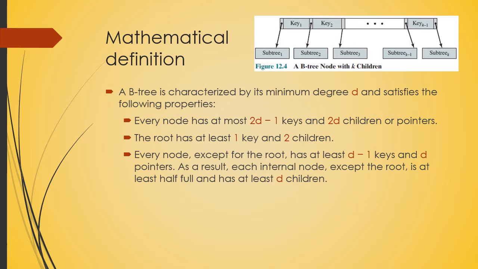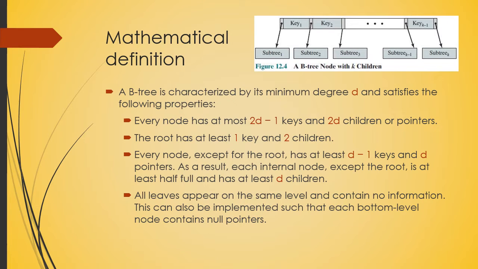Every node except for the root has at least D minus 1 keys and D pointers. As a result, each internal node except the root is at least half full or has at least D children.